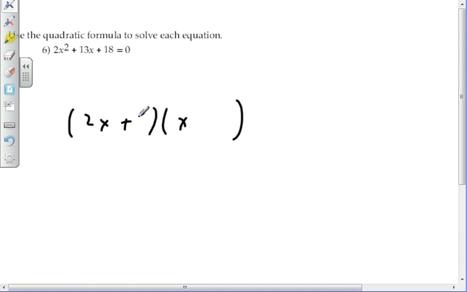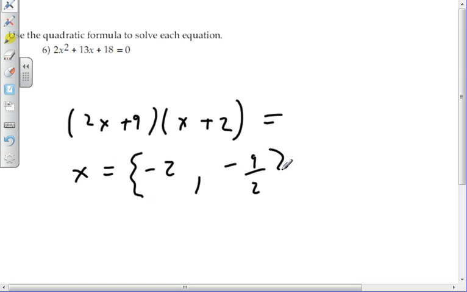So I could go plus 9, plus 2, right? So I can factor this. I know the answer is going to be minus 2 and minus 9 over 2. But it did say use the quadratic formula, so I will do that too. On the real test, however you get the answer is fine with me.